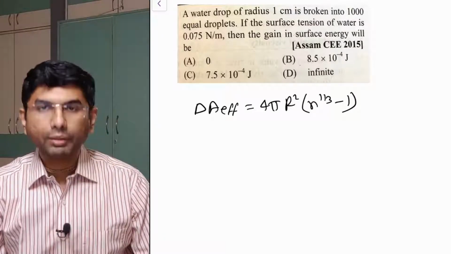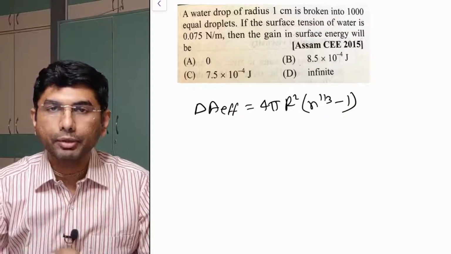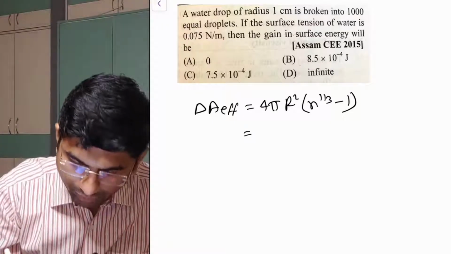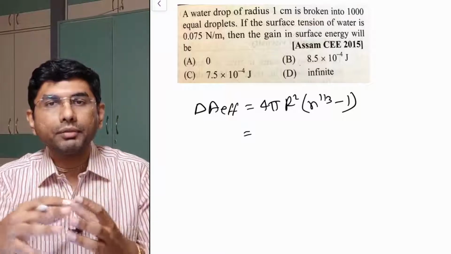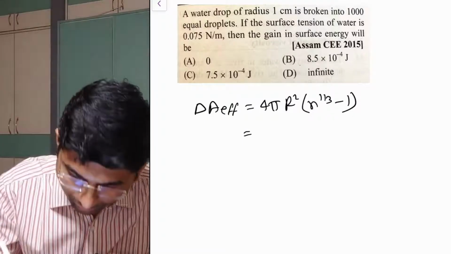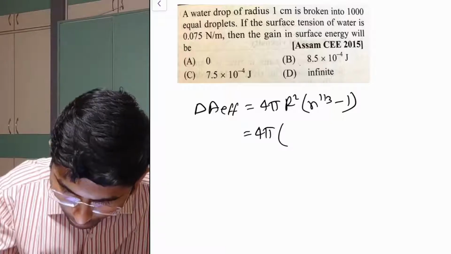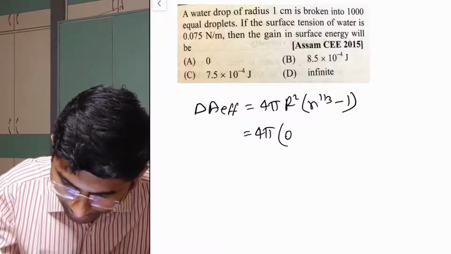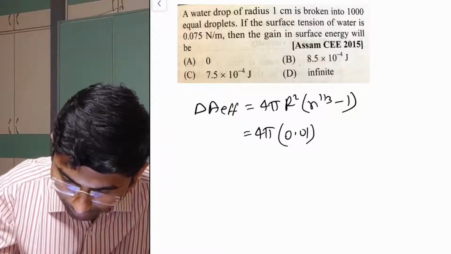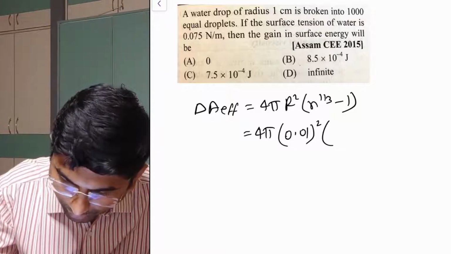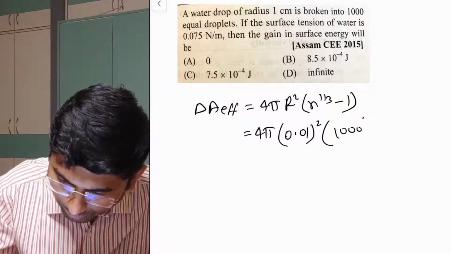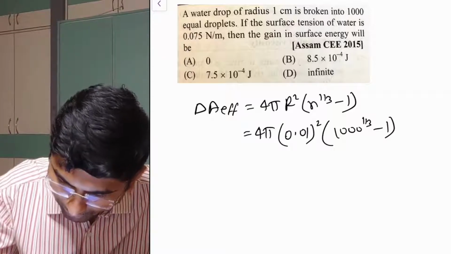Okay, we know this formula for finding out effective area, change in effective area. Now this area is in terms of drop. Big drop is there which is being scattered into many droplets. Now formula will be 4 pi R square, value of R is 1 centimeter, that is equal to 0.01 meter, whole square, into N value is given as 1000, cube root of that minus 1.